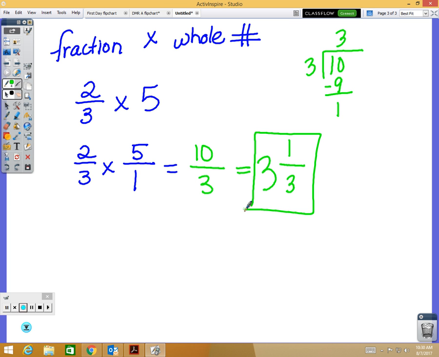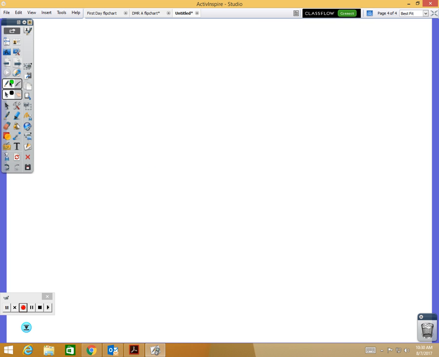All right, so let's do a mixed number times a mixed number. For mixed numbers, I gave you the option when we were adding and subtracting of leaving them as mixed numbers, or turning them into improper fractions. You had the option.